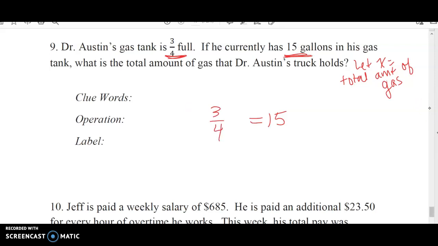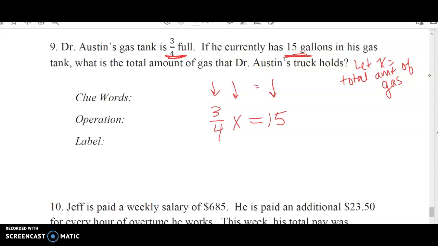And if you notice what word I keep saying there, I keep saying 3/4 of his full tank of gas. We said X is going to be the total amount of gas that he has. When you think about 3/4 of the full amount of gas, we know that translates to multiplication. So this problem states Dr. Austin's gas tank is 3/4 full. 3/4 of the gas tank is the same as the 15 gallons that are in it.